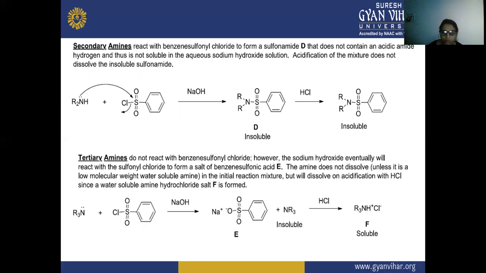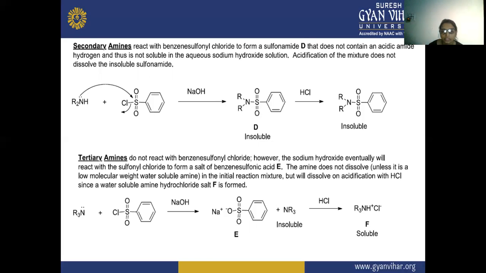In the first step also they are forming an insoluble. They are insoluble in the sodium hydroxide solution, and in the second step also they are forming an insoluble precipitate. In the first step, this insoluble precipitate is formed because there is no hydrogen present in it.